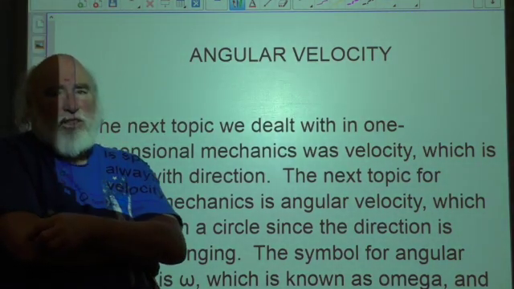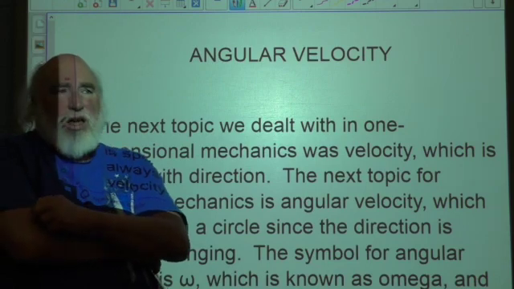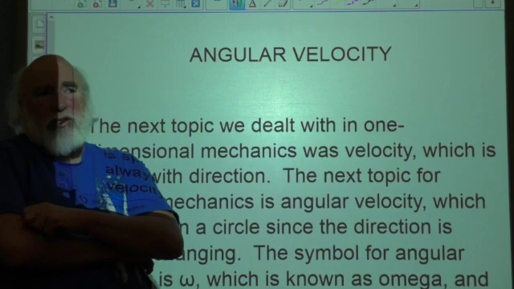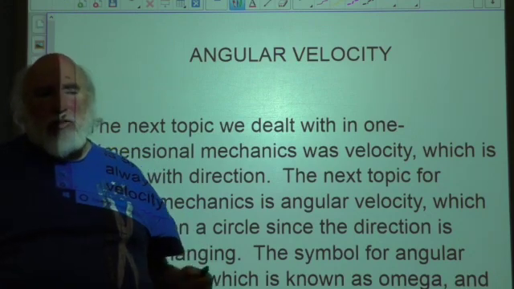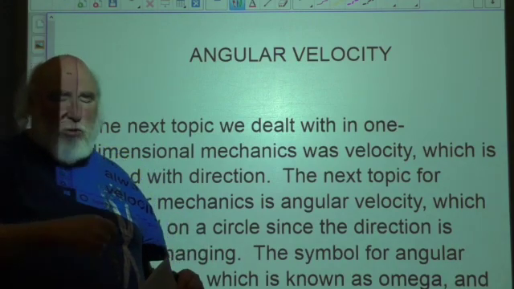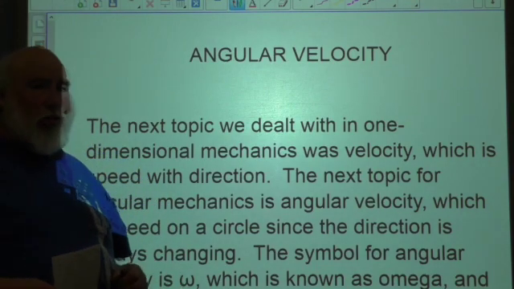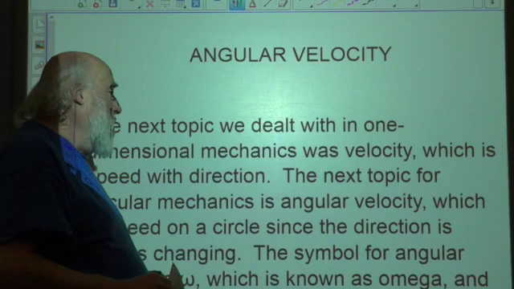And we said velocity is the change of distance over the change of time, and it's the same as speed except it has direction. Well, if you ever think about an object going on a circle, it's constantly changing direction, so that is definitely a velocity.